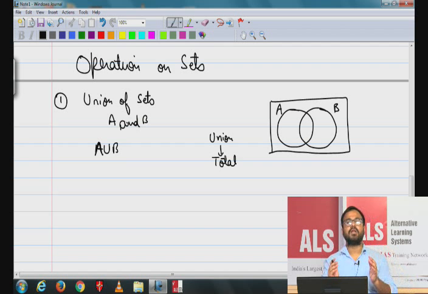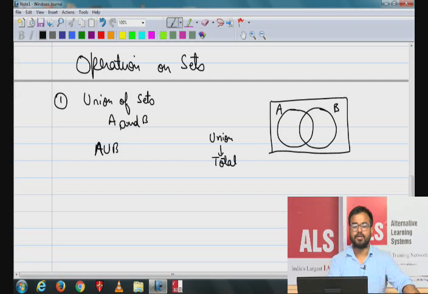So what is the total number of students or total number of articles in sets A and B? We can also write this as A or B.